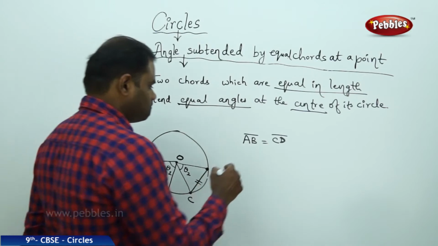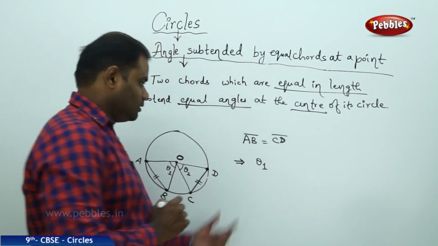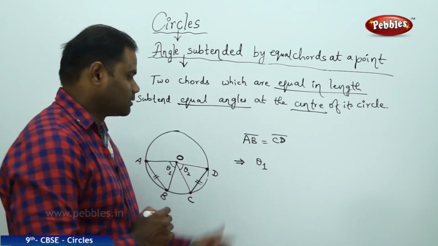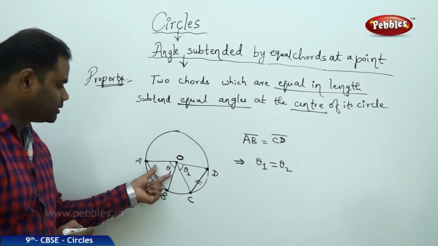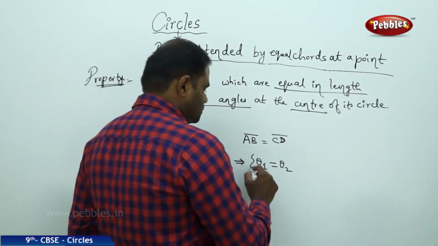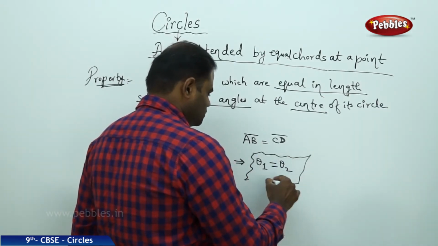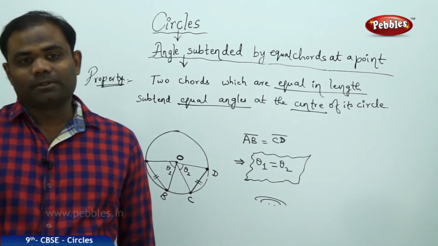Therefore, this implies for equal chords AB equal to chord CD, the angles subtended at its center, theta 1 and theta 2, must be equal. This is how we understand the property.